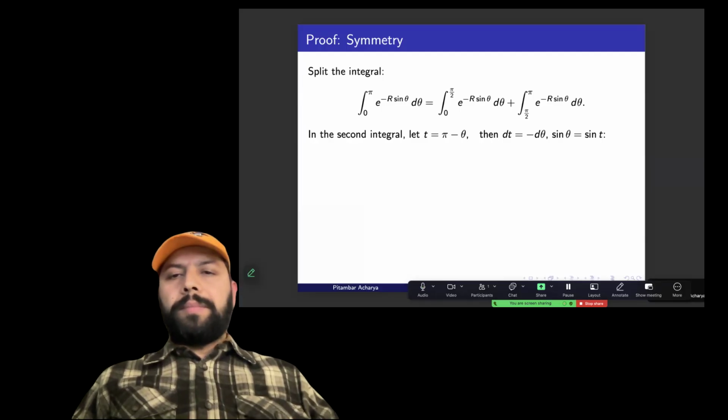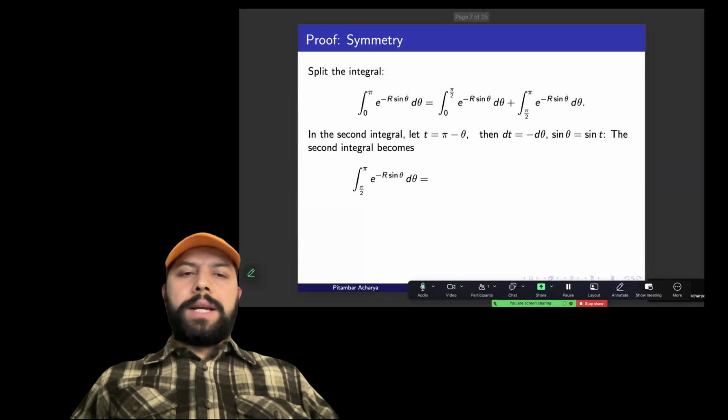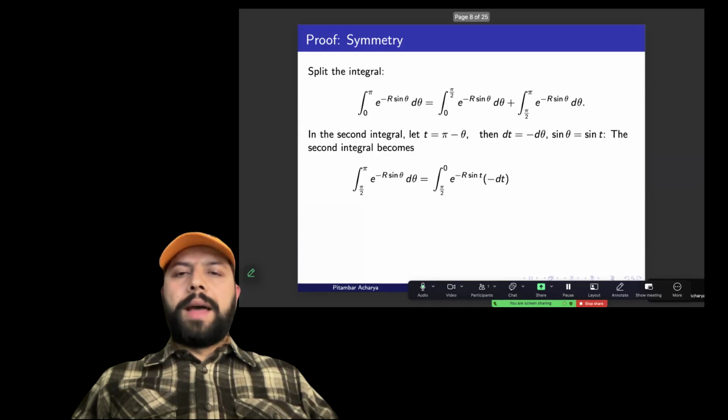And then now sine theta will become sine t, because sine of pi minus theta equals sine theta, which is equal to sine t. So the second integral now becomes from pi over 2 to pi e to the negative r sine theta d theta.